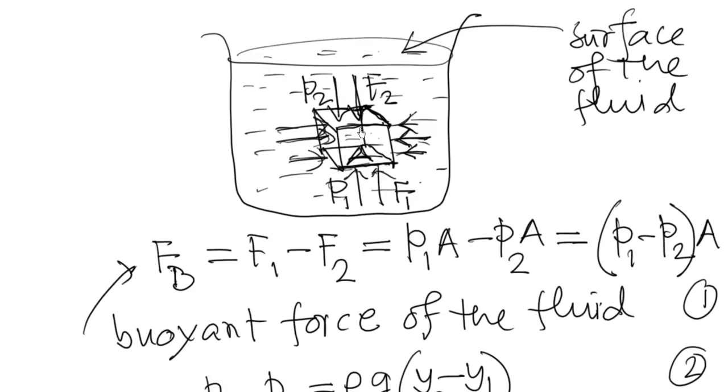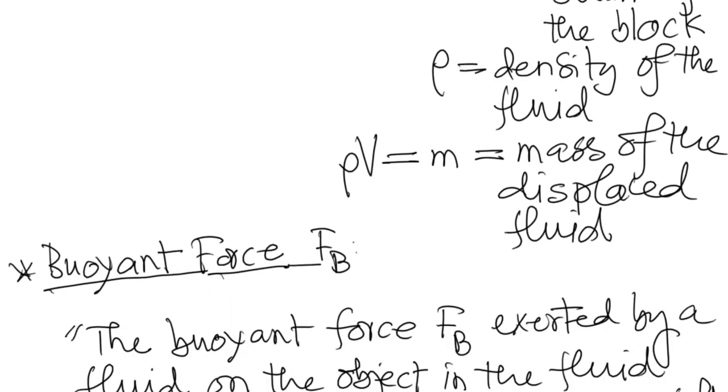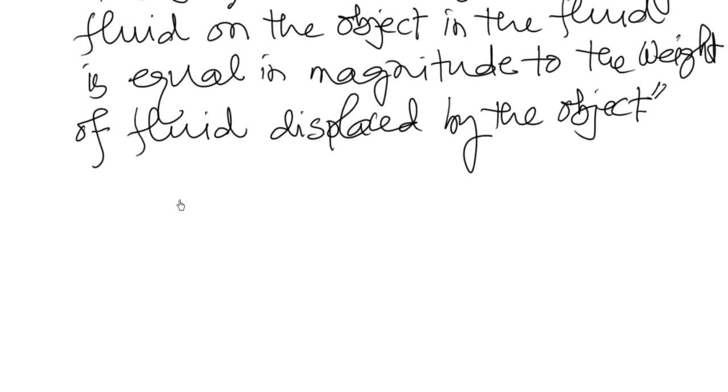Okay, whether this body will sink, float inside the liquid, or rise to the surface will depend on the difference between the weight of the object and the buoyant force. Let us say the buoyant force is Fb and W is the weight of the object.